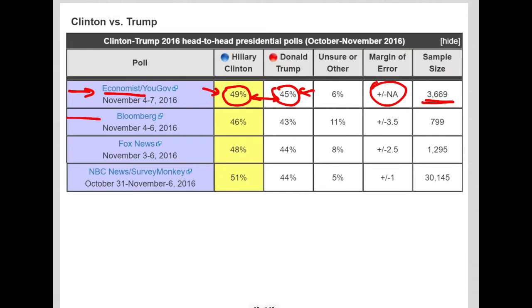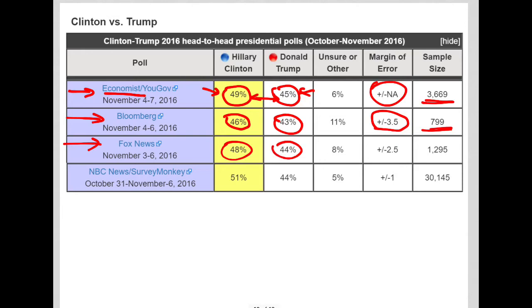So let's go ahead and look at Bloomberg's study. They reported Hillary Clinton at similar numbers, 46, Donald Trump at 43, but they do have a margin of error of plus or minus 3.5 percentage points. Now notice their sample size is pretty small. If we look at Fox News, their numbers are similar.